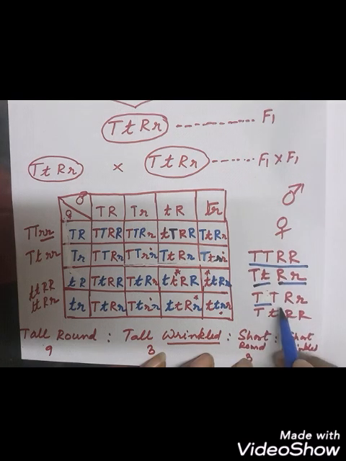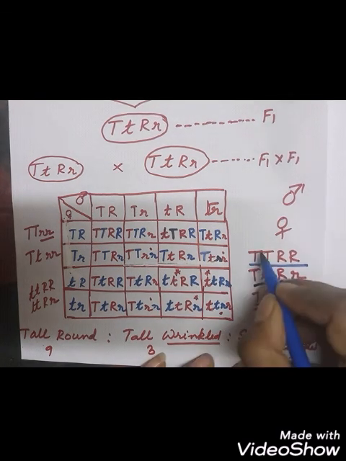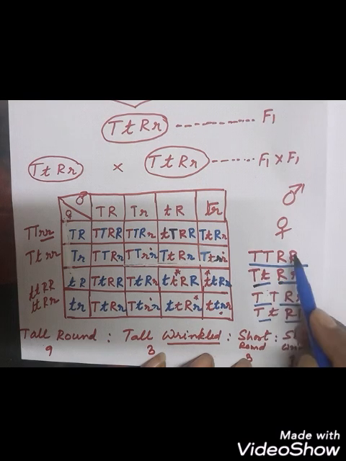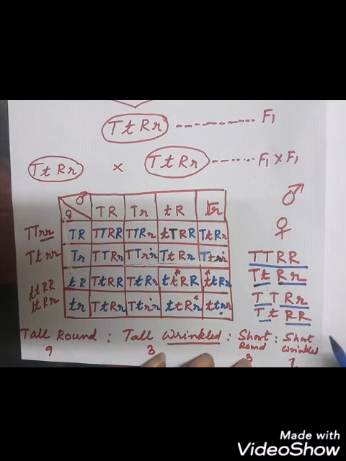It can be capital T, capital R, small r, or capital T, small t, capital R, capital R. These are all for the tall round, because if we get tall we have to take capital T, and we have to see about capital R. If one small t and small r is present, it's still okay for tall round.